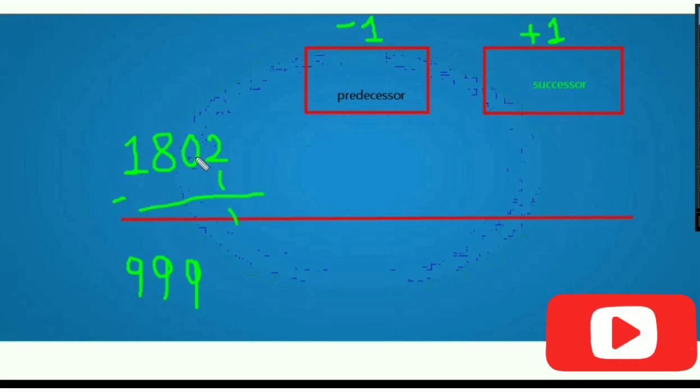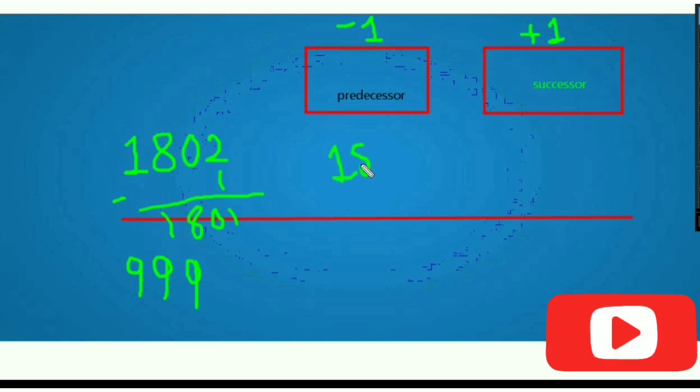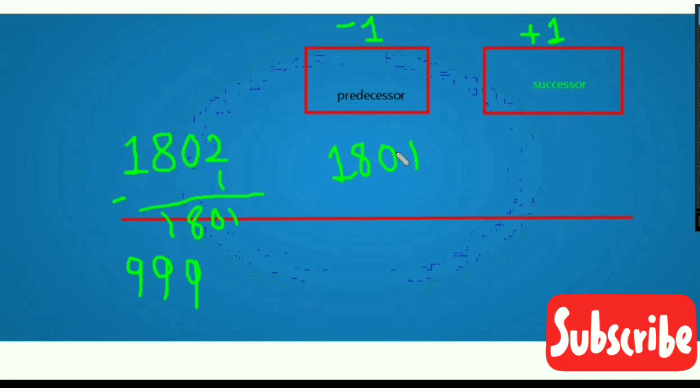Okay, now 0 as it is, 8 as it is, 1 as it is. Okay, what we got? 1801. Our answer is 1801. Okay, the predecessor of 1802 is this.